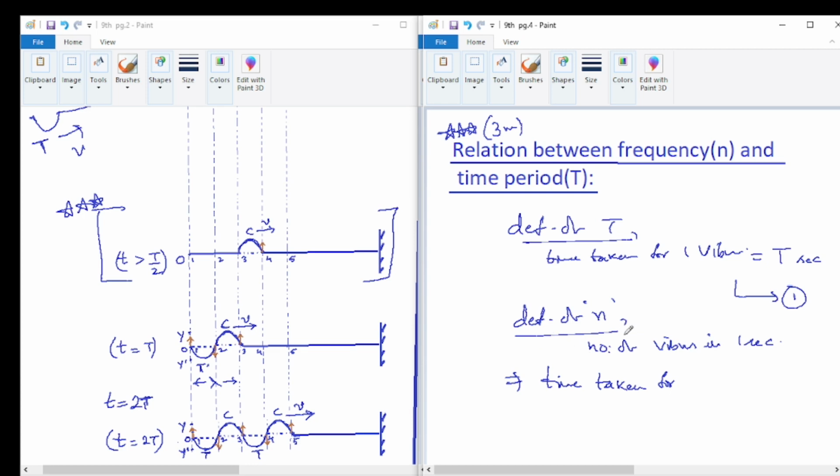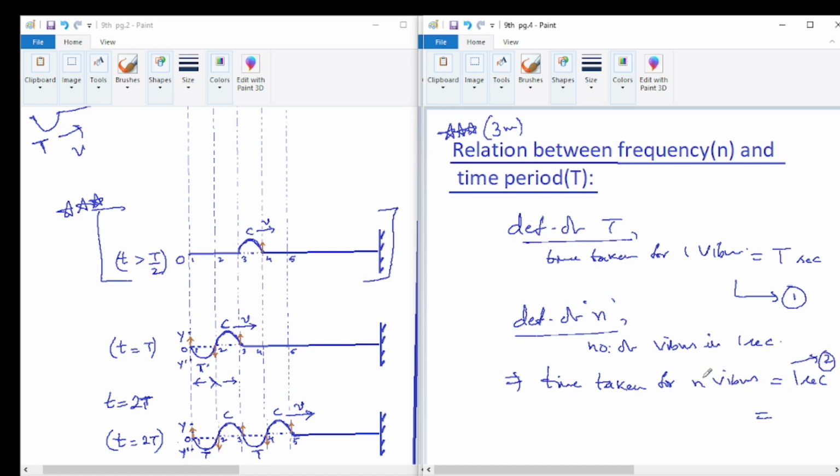Next, the definition of frequency: number of vibrations in 1 second. n hertz simply means n vibrations per second. That means n vibrations are made in 1 second. So time taken for n vibrations is simply 1 second. But this can also be written like this. Call this equation 2.